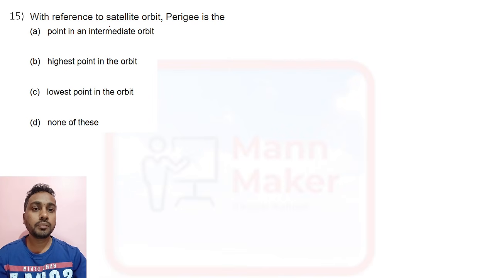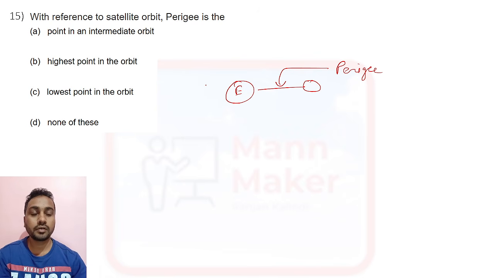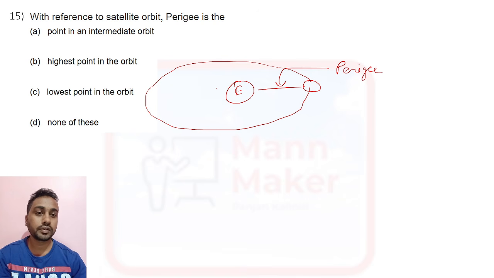With reference to satellite orbit, perigee is the. So if you see, this is Earth, okay? This is Earth and this is the orbit. Suppose this is a satellite or any planet. The shortest or nearest point of an orbit is called perigee. It rotates in an orbit in nature.